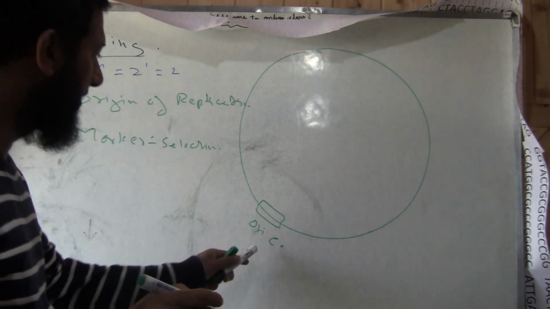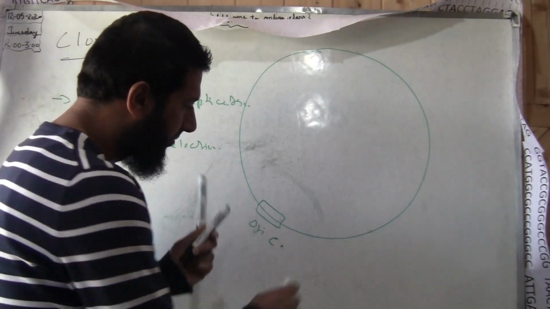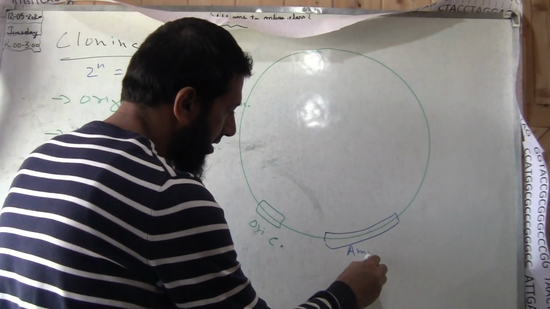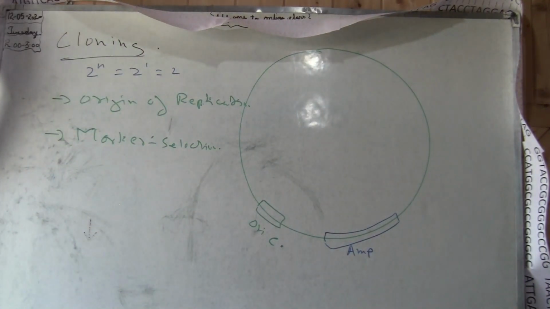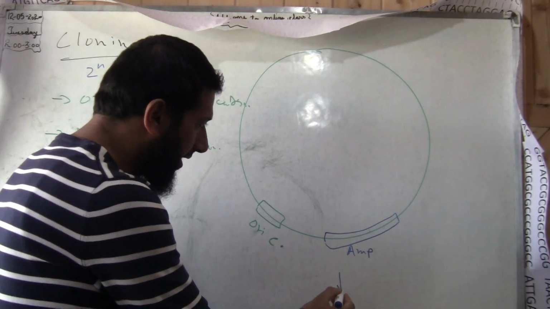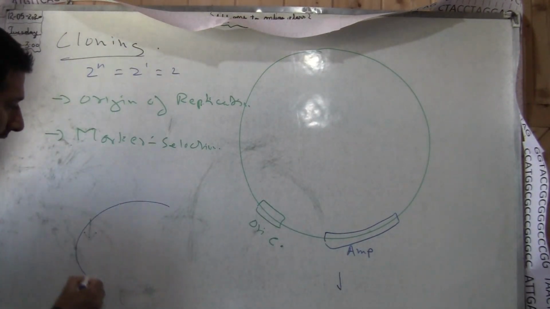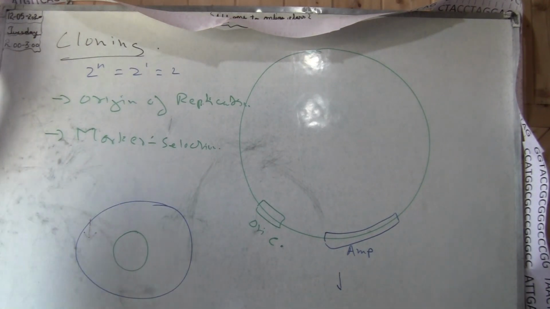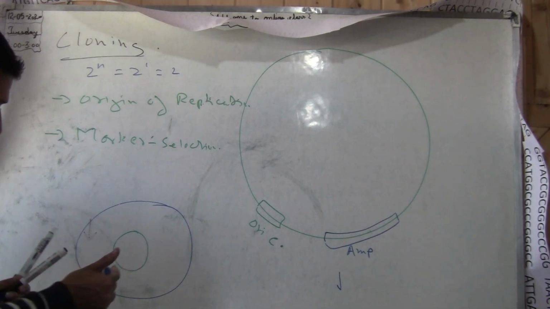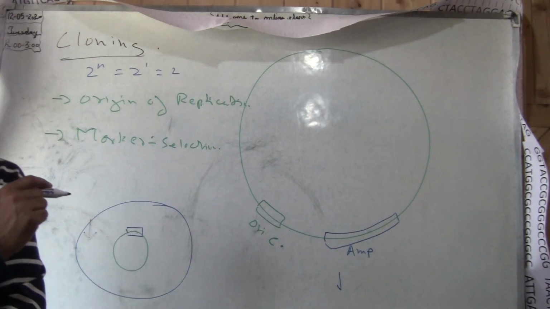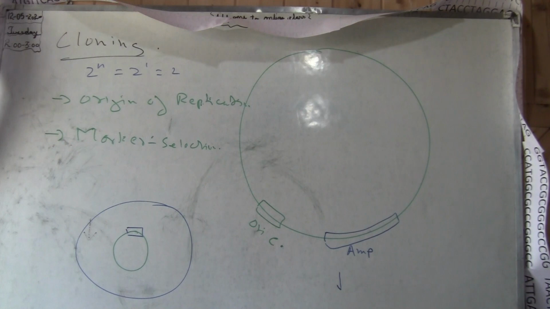For example, if this vector has an ampicillin resistance gene and this plasmid is inside a bacteria, the ampicillin resistance gene produces beta lactamase.